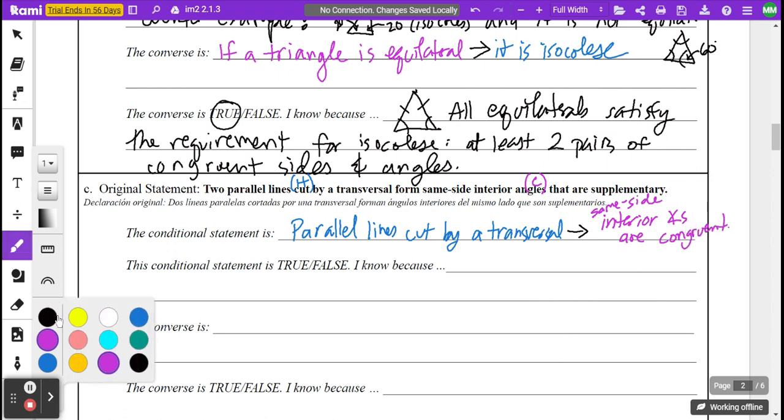And this conditional statement is indeed true. I know, because it's one of my theorems.